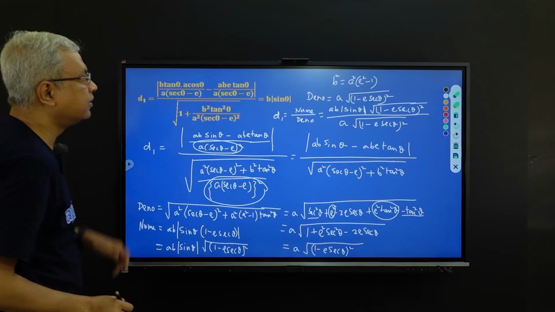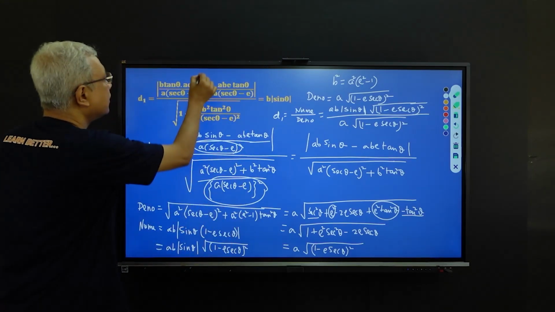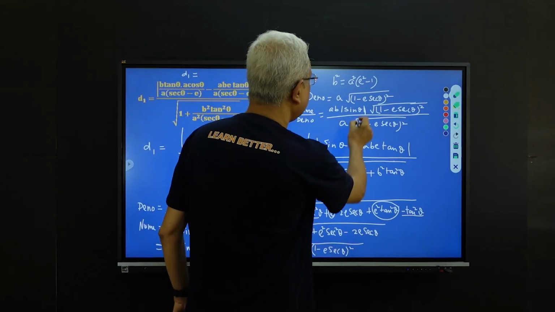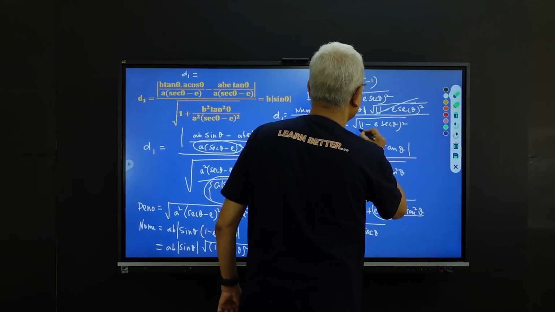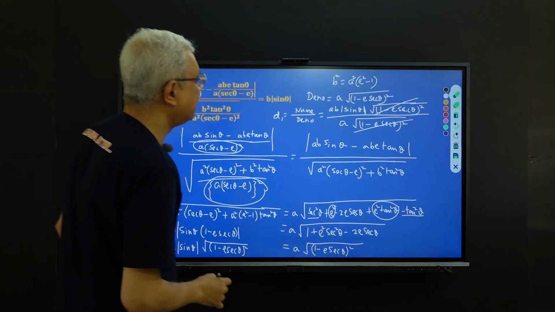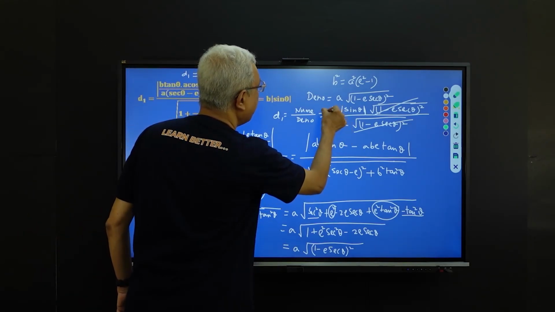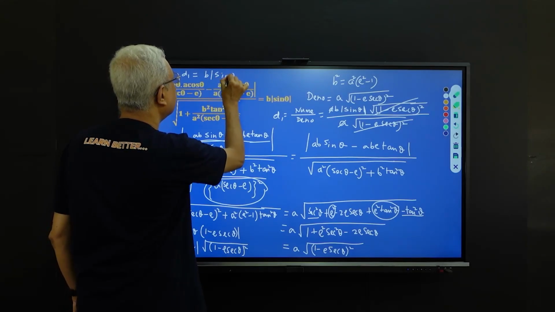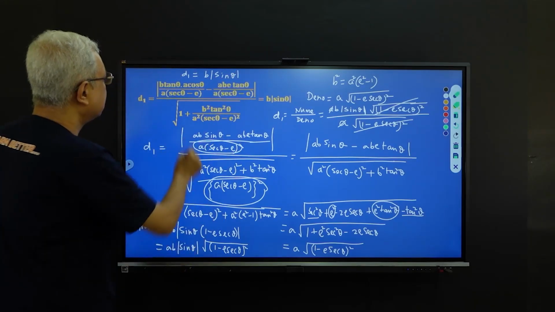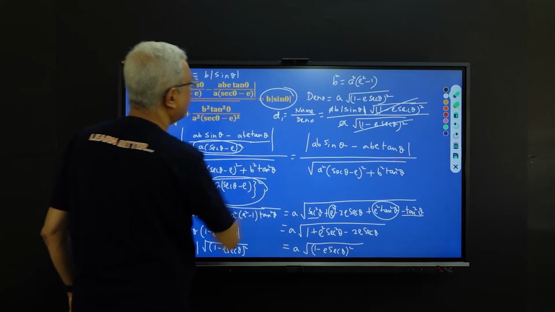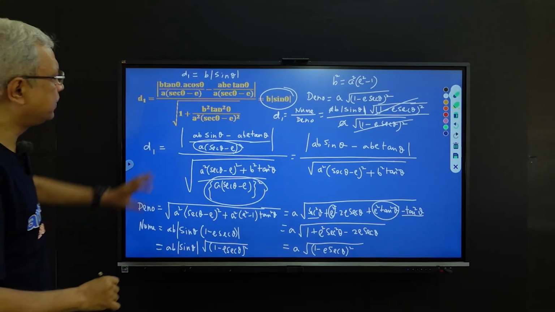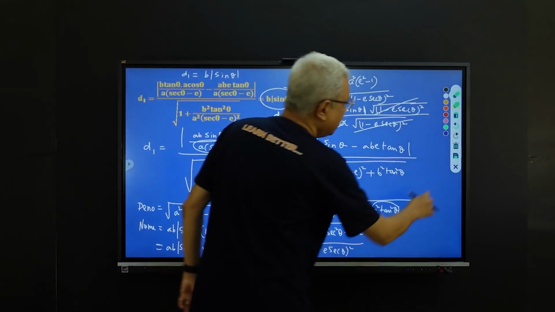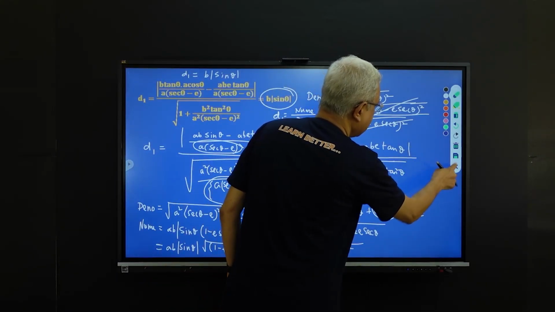Therefore d1 becomes, so this term they cancel each other, and I am left with b sin theta. So d1 equals b mod sin theta, mod of sin theta. Okay, so this much is clear.